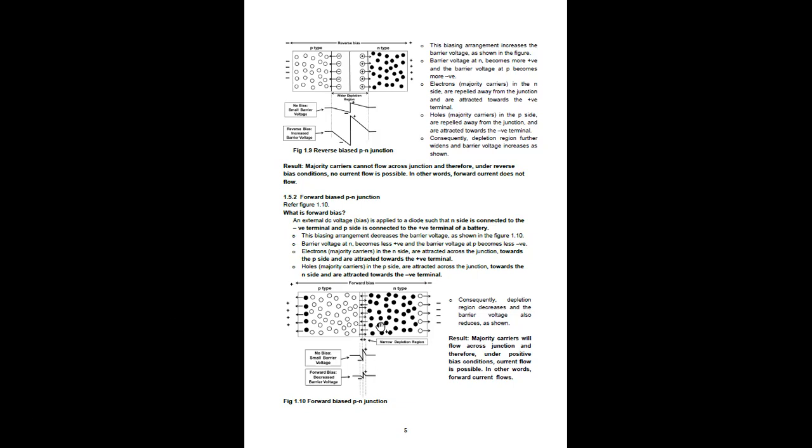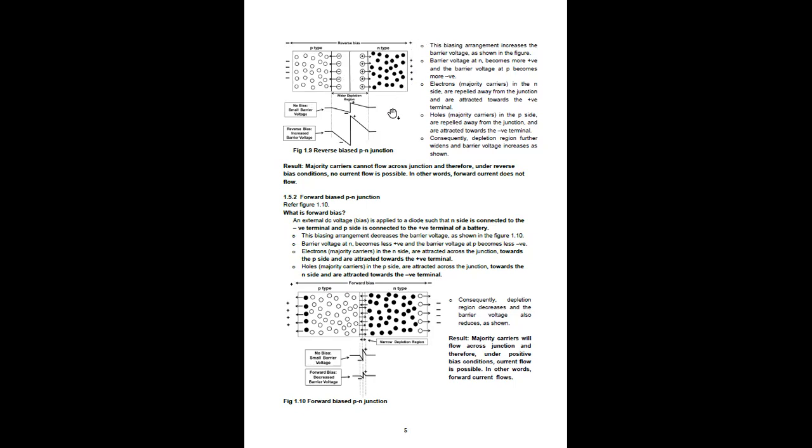As you can see, P is connected to the positive terminal of the battery and N type is connected to the negative terminal of the battery. This type of biasing is called forward biasing. And in this figure, you can see that the p type is connected to the negative terminal of the battery, and n type is connected to the positive terminal of the battery.